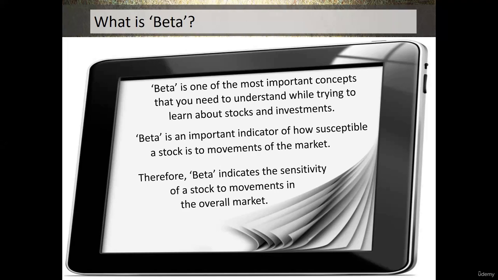Next is government policies. For example, the demonetization which came four or five years back. Because of the government policy, the impact of that demonetization was faced by every single company. Similarly, the GST implementation is again a government policy.